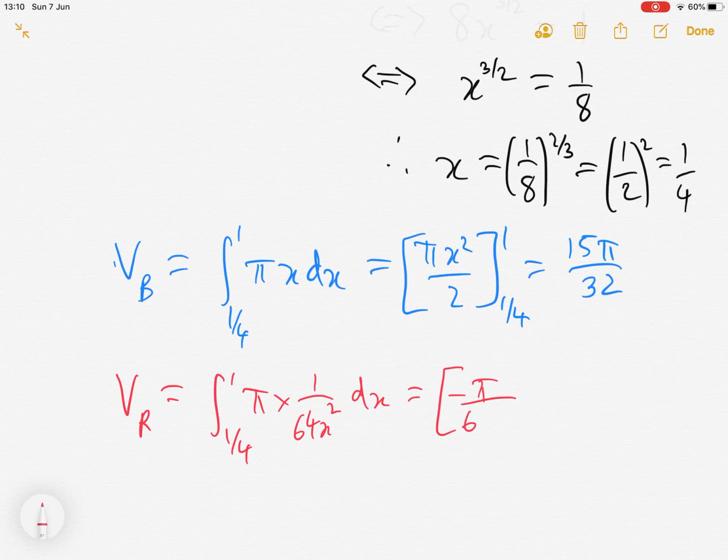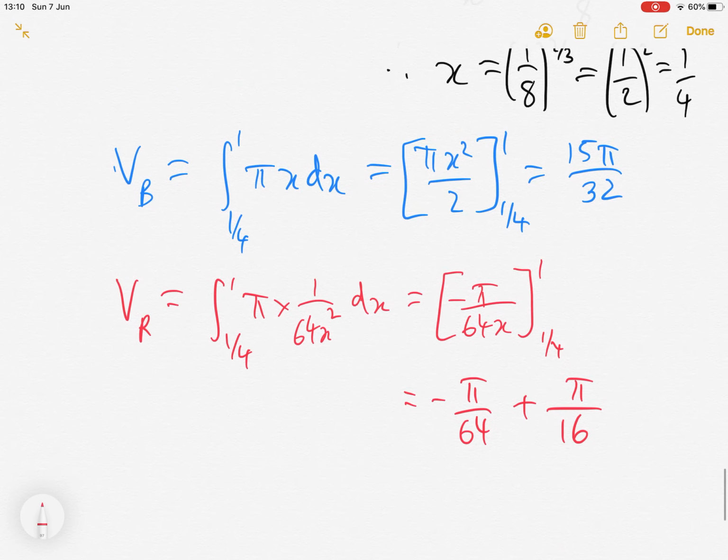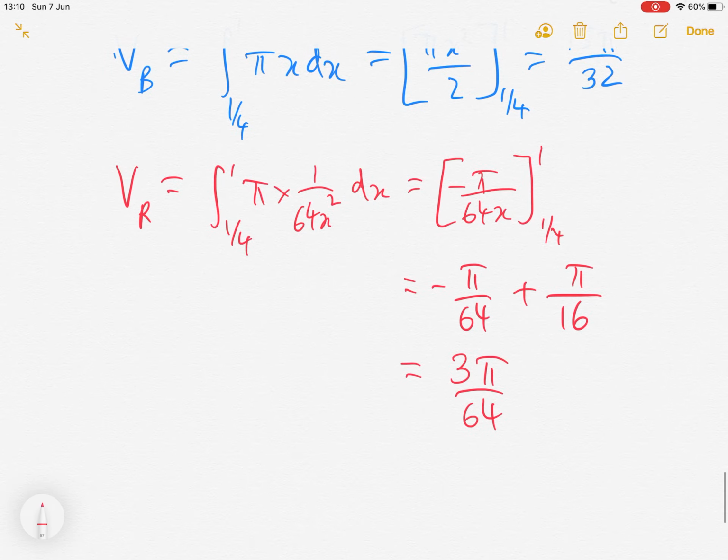So we get minus pi over 64x between 1/4 and 1. If we put in 1, we get minus pi over 64. If we put in 1/4, we get plus pi over 16. So we're going to get 3 pi over 64.